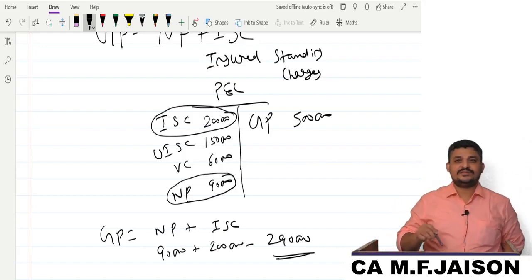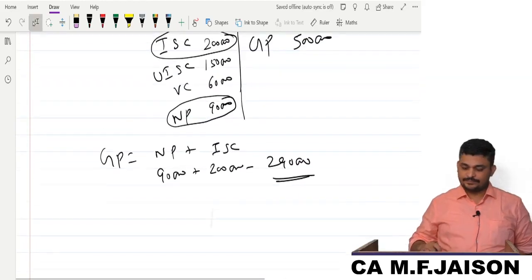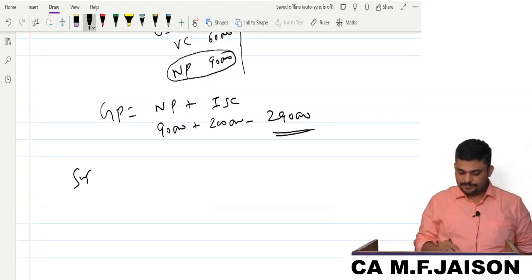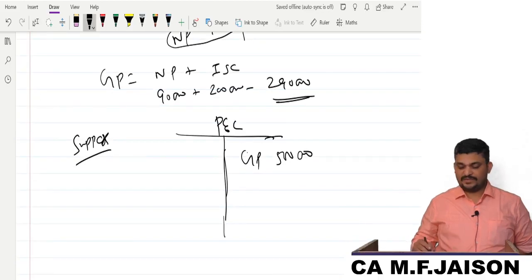Now one more point, my dear friends: suppose we have some indirect incomes. Your P&L will look like this: gross profit 5 lakhs.